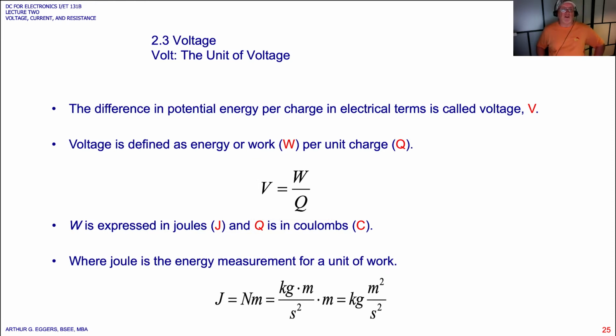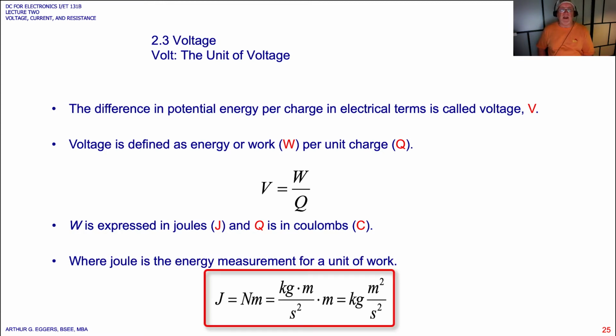So where the joule is the energy measurement for a unit of work, we can take it all the way back down to, and this is something that you'll learn in your physics course, that a joule is equal to a Newton meter, and that Newton meter breaks down even further to the fundamental units of a kilogram times a meter per second squared. Okay, and we multiply that times a meter.